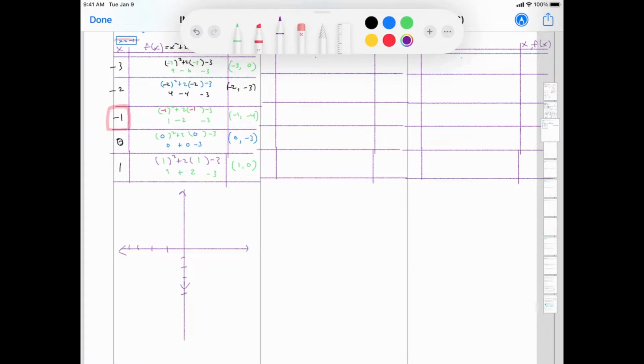Not the greatest graph, but -3, 0, so left 3, 0. -2, -3, so left 2, down 3. -1, -4, left 1, down 4.